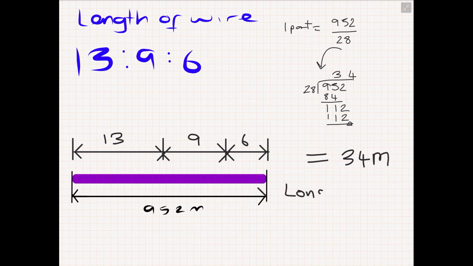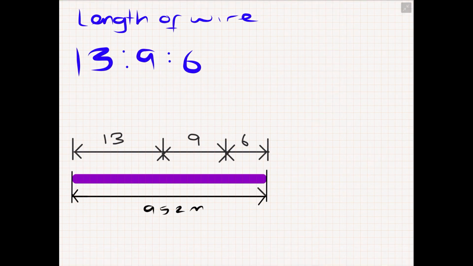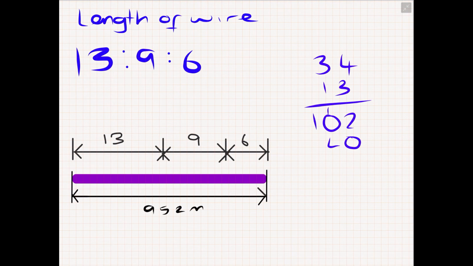So therefore our longest part is simply 13 times 34. So 34 times 13. 3 4s are 12. 3 3s are 9, plus 1 is 10. 1 4 is 4. 1 3 is 3. 2 and 0 is 2. 0 and 4 is 4.